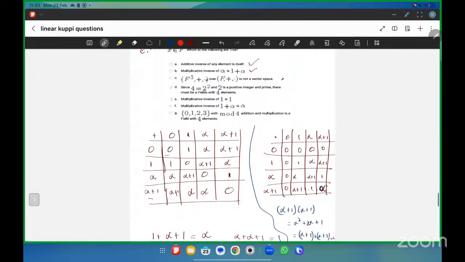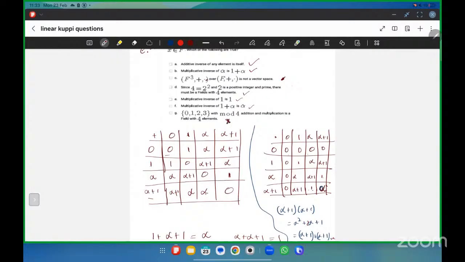For the D question, since it is prime, there must be inverses for the nonzero elements. The multiplicative inverse of 1 is 1, and the multiplicative inverse of 1 plus alpha is alpha, that is also true. And with mod 4 addition and multiplication it is not a field.